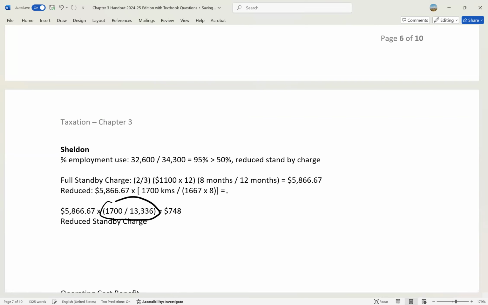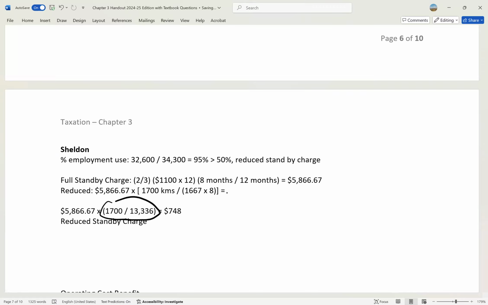When we look at that there, what it's saying is that there's a threshold. If you drive it a lot for personal use, even though it's greater than 50% employment, then your numerator is going to increase.